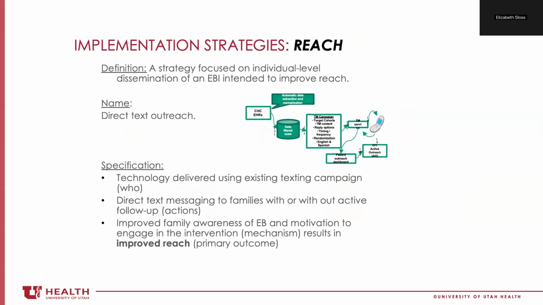One of the things that we're doing with a current project, our Prevention Research Center project, is identifying families that could benefit from Building Healthy Families. And then we're doing direct text outreach with different randomized patterns of the frequency of text messaging and with or without active follow-up. That whole strategy, and our primary outcome, is built around improving reach, just improving reach of the intervention.